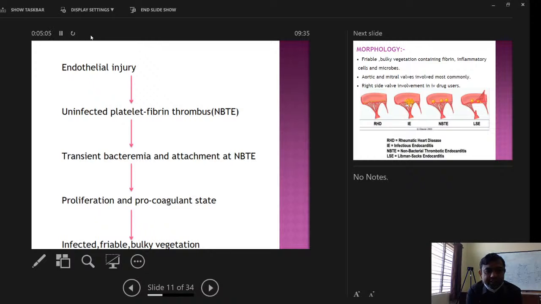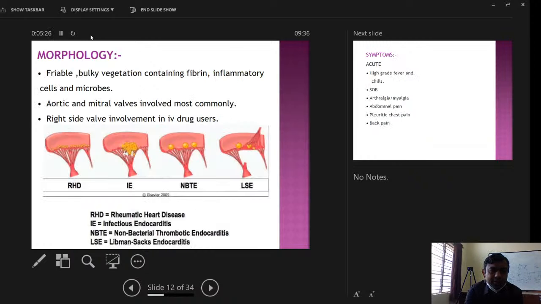After injury, an uninfected platelet fibrin thrombus is formed, which may lead to transient bacteremia and attachment to non-bacterial thrombotic endocardium, where the bacteria proliferate in a coagulation state. Then it may lead to the infection and friable and bulky vegetations. The vegetations are the embolic source. So friable bulky vegetations contain fibrin, inflammatory cells, microbes and platelet-rich cells also.